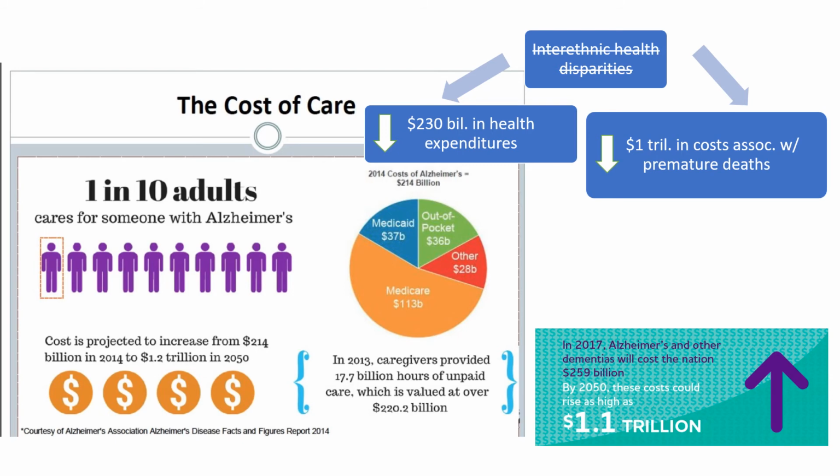And it has also been found that if the inter-ethnic disparities in Alzheimer's disease are reduced or eliminated, this can lead to a reduction in about 230 billion in health expenditure. Reduction or elimination of inter-ethnic disparities in this disease can also lead to a reduction of 1 trillion in costs associated with premature deaths.